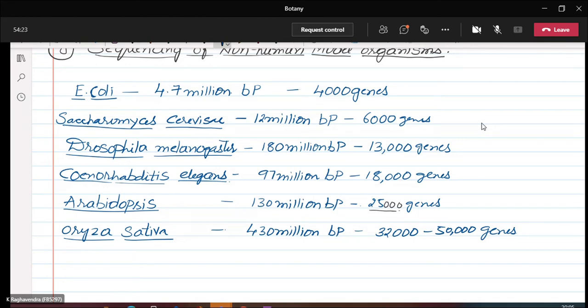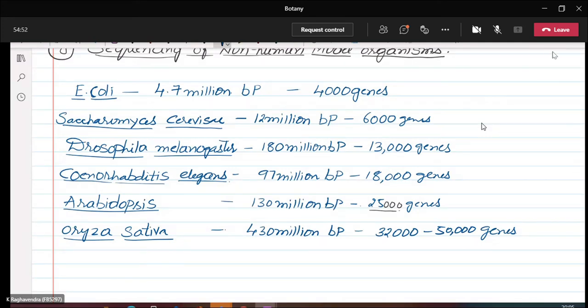Next goal, please tell me. Fifth goal also you tell me, Amrita. What is the fifth goal? Transfer to other sectors, such as industries. Also, sixth goal. Can you tell me what is the sixth goal? To solve ethical, legal, and social issues. Sylvia, what is the seventh goal, final? Sequencing of non-human model organisms.